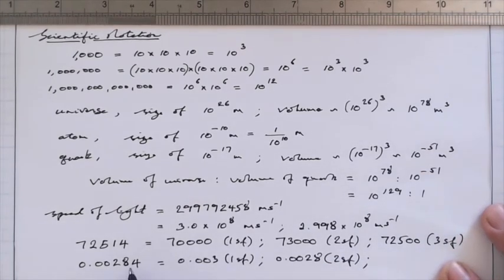If I wanted to write this number in scientific notation, I would bring this 2 all the way in front of the decimal place. So I'd have 2.84, and then I have to indicate the size using times 10 to a power, and this number is roughly as 1,000th, and so this would be 10 to the minus 3.